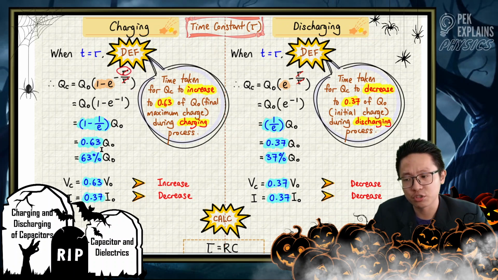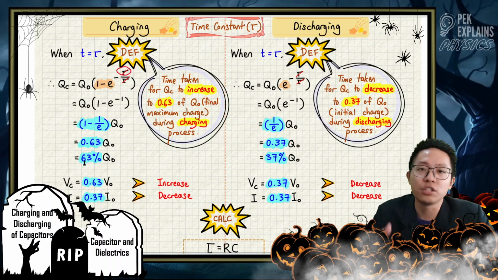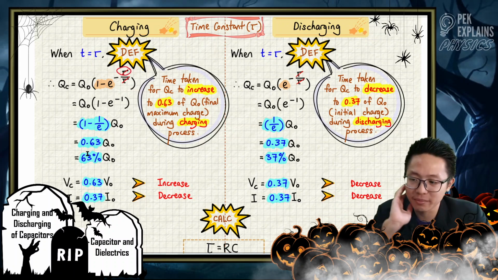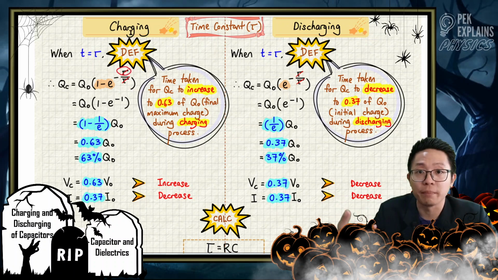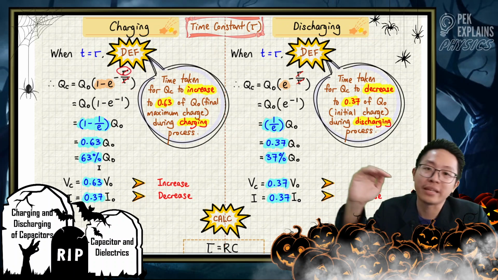What does 0.63 mean? Actually it is 63%. So what does this 63% mean? It means that when time has reached the value of the time constant, the charge of the capacitor has already increased to 63% of the maximum charge.